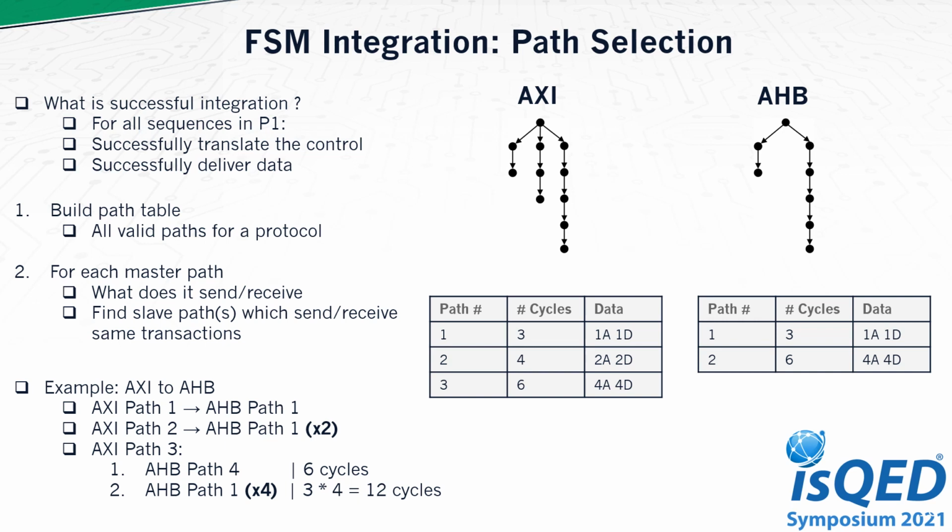We can either break the 4 transaction burst into 4 single transactions, or we can send it as the 4 transaction burst to AHB. Naturally, we will pick the 4 transaction burst to AHB, and this is why we track the number of cycles for each path, because we can break ties by choosing the option with the lowest latency.